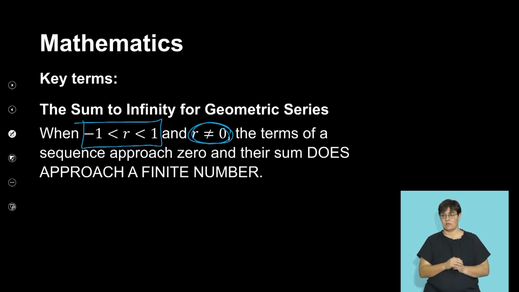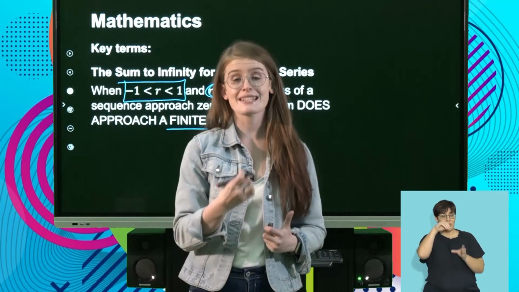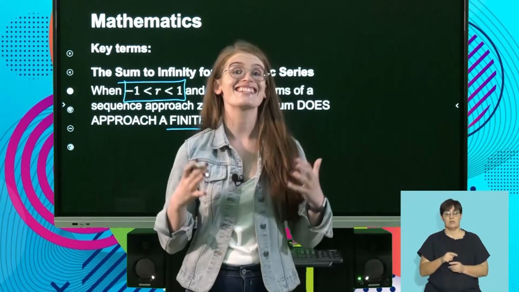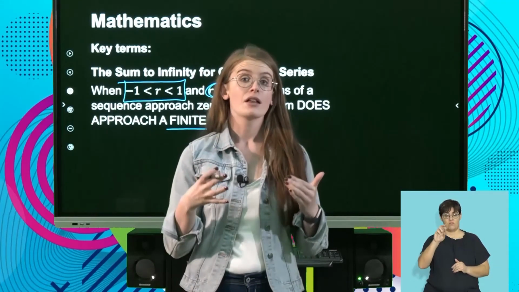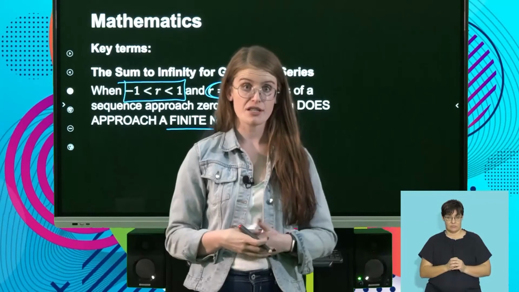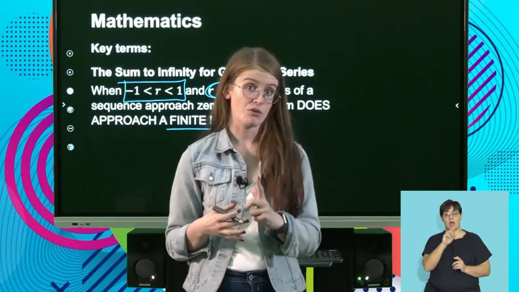When the ratio is between -1 and 1, the terms of the sequence approach 0, and their sum approaches a finite number. Please note that the most commonly used word when we're talking about the ratio in sum to infinity is that the series or the pattern converges. The pattern converges when the ratio is between -1 and 1.